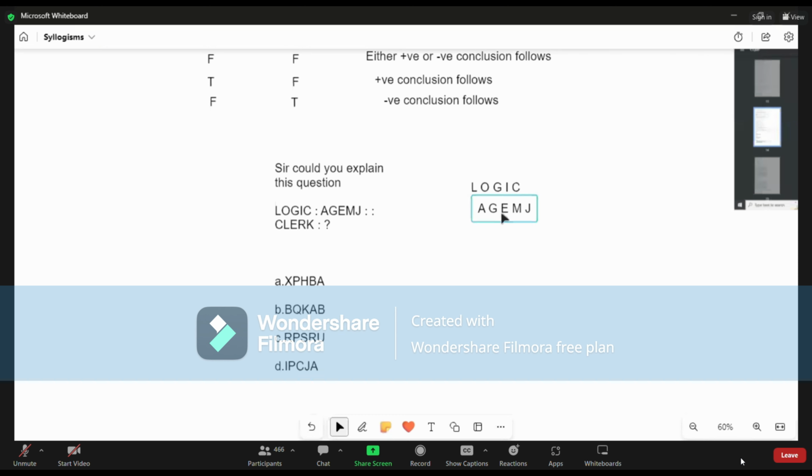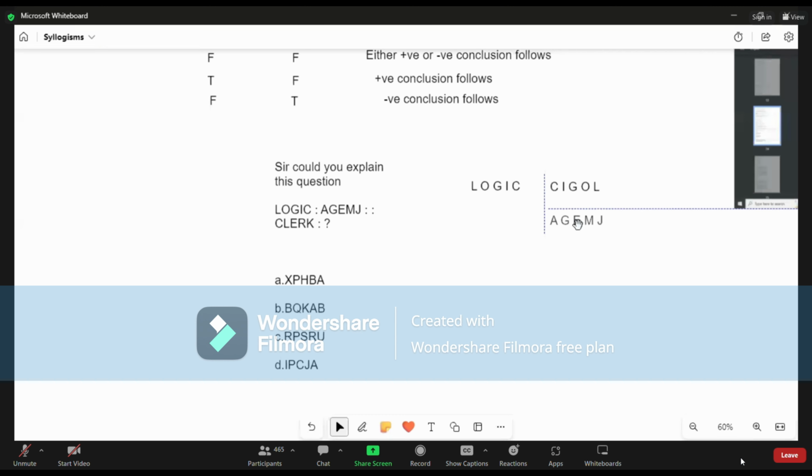Now I just change the order of the logic term. That is, I'll reverse it: CIGOL, and I'll copy this over here. You can see that there is just a one-letter gap, that is, there is only one term between these two.